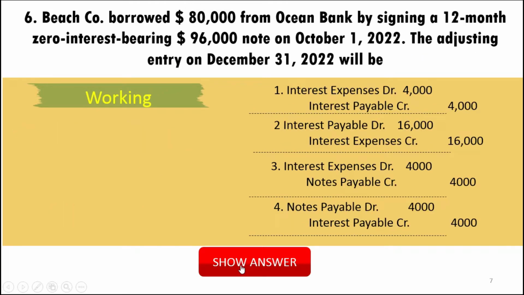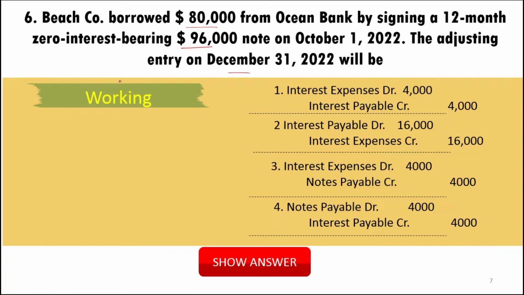Next question, we have another numerical question. Beach Company borrowed $80,000 from Ocean Bank by signing a 12-month zero interest bearing $96,000 note on October 1, 2022. The adjusting entry on December 31, 2022 will be, you have to pass the adjusting entry with the correct amount.